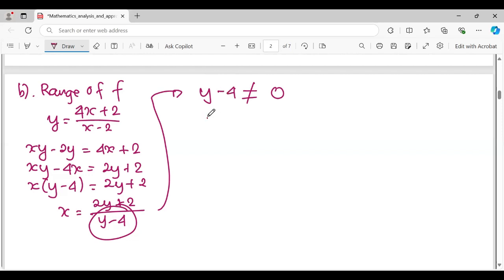So it means y unequal 4. The value of y cannot be 4 because if 4, it is not included in the range of this function. This is C.